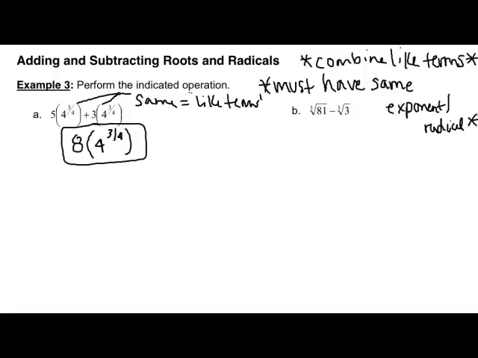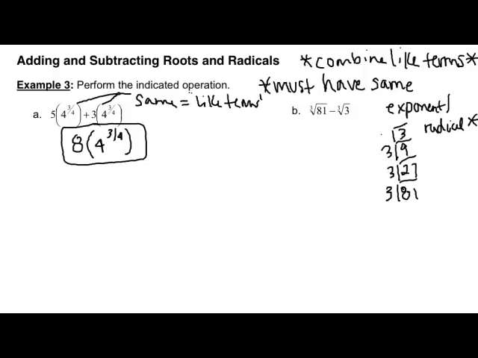Now for part B, we have a cubed root. So again, we're looking for like terms. If we look at the cubed root of 81, we can simplify this. Again, we're going to do our birthday cake. So 81 we can divide out a 3. That will give us 27. Divide out another 3. That will give us 9. Divide another 3.